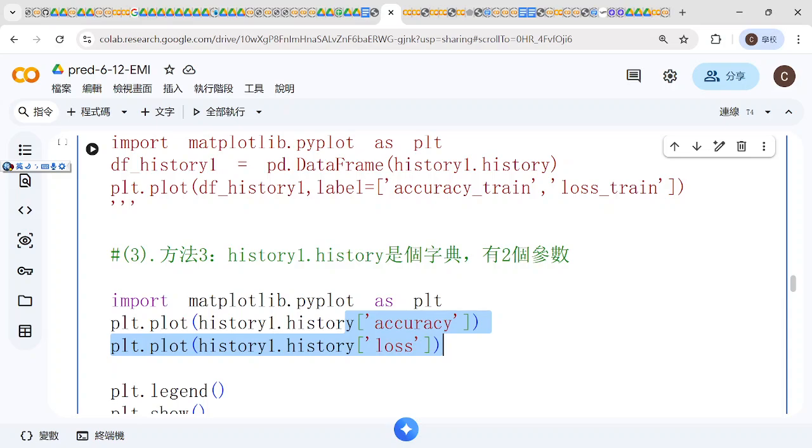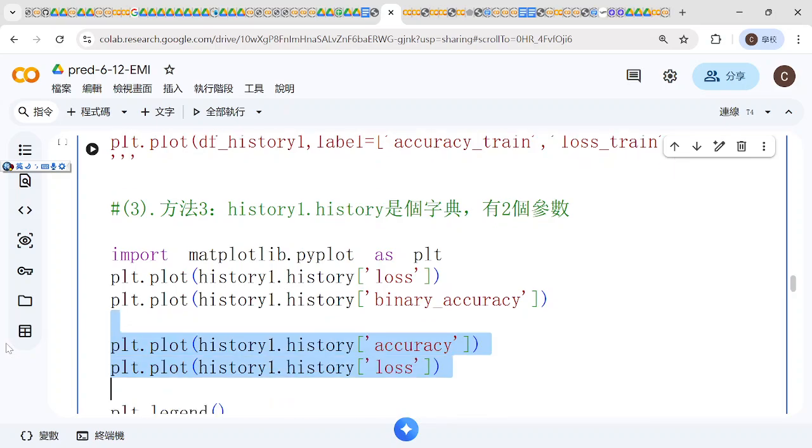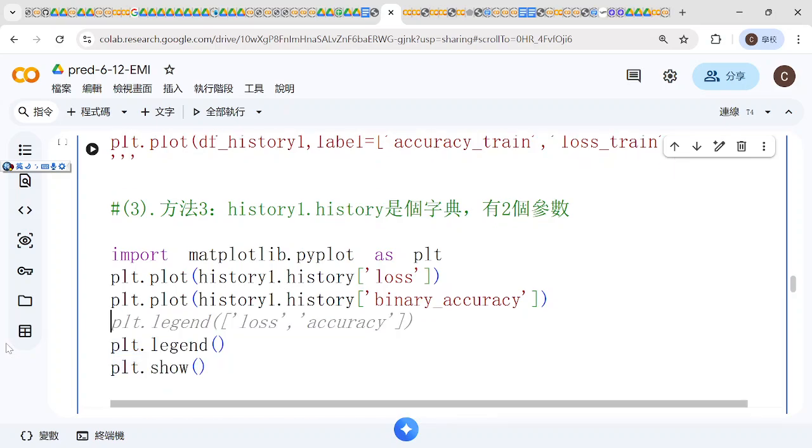Binary accuracy, maybe that is correct. Because you are the history one, I think I should plot the loss at the beginning. Legend.